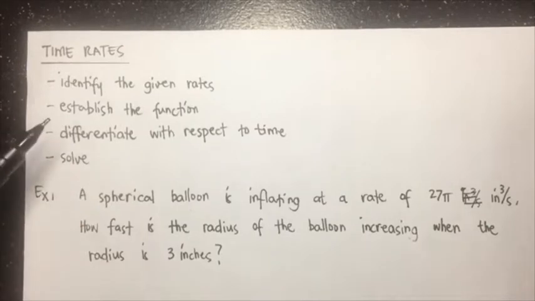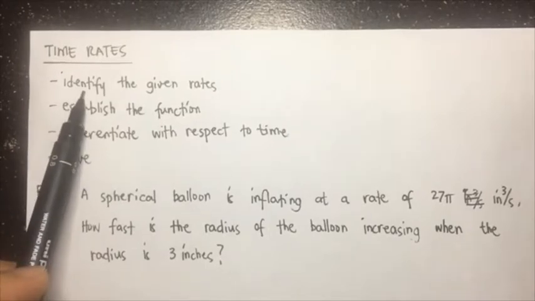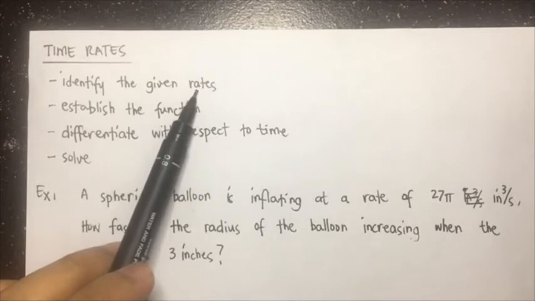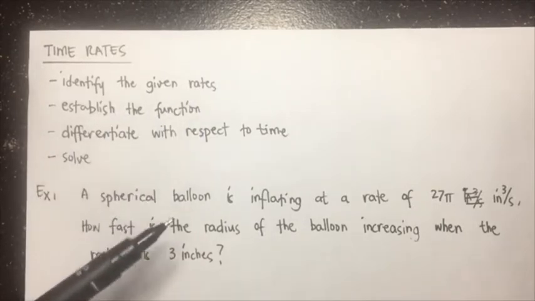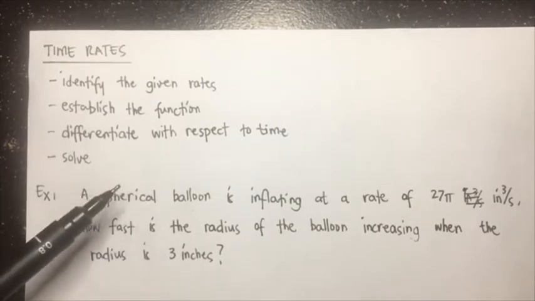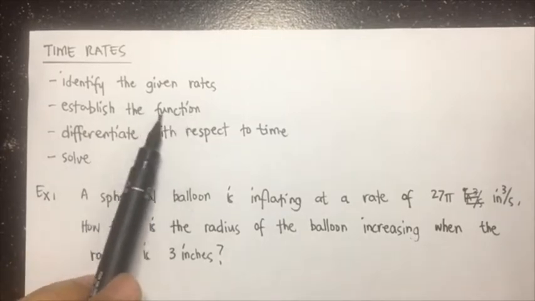So for problem solving involving time rates, we need to first, from the given problem, identify the given rates. And then assign variables, as well as draw illustrations to establish the objective function.